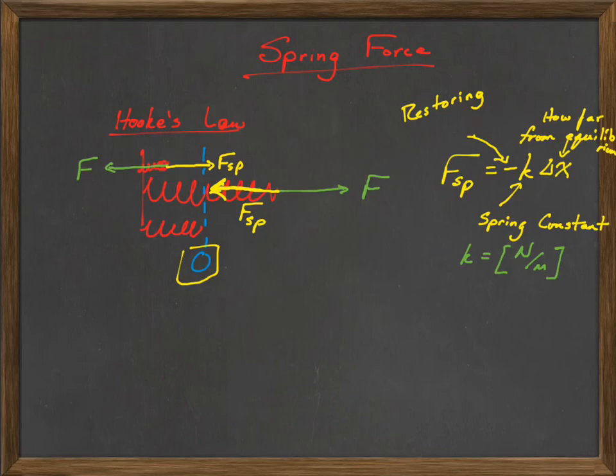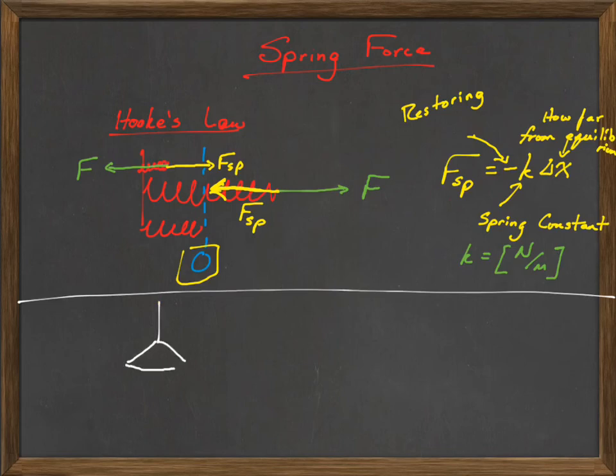So one of the ways that you've probably seen a spring force used is in a grocery store, usually in the produce section. Because what you would have is this basket, and inside the basket, you put a bunch of fruits or vegetables.